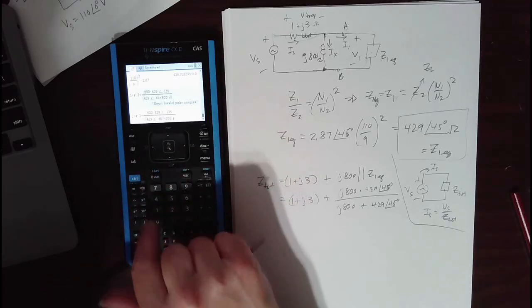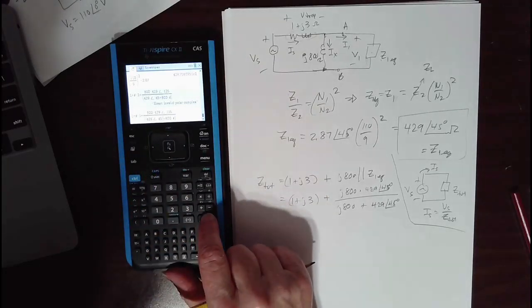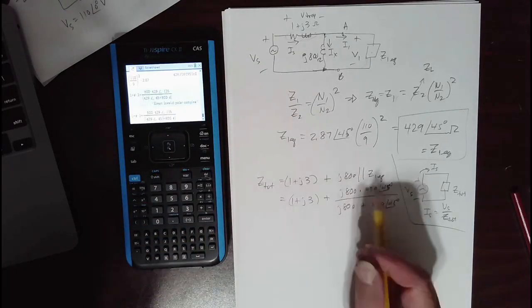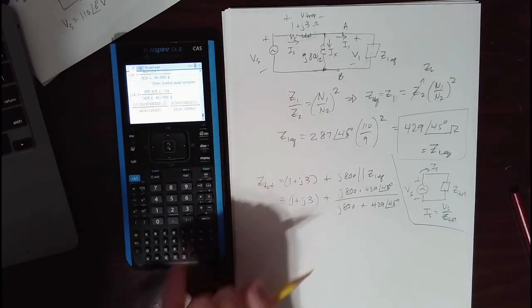Put another parenthesis there. Okay, parenthesis around the polar form there, this on the top, and the 1 plus J3 there.